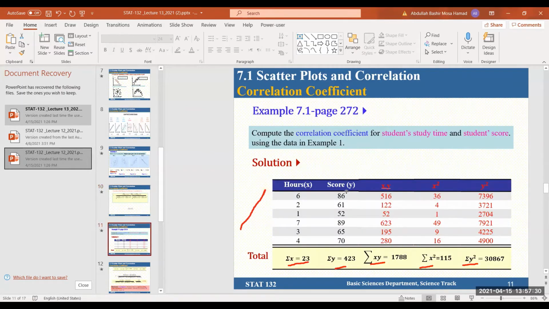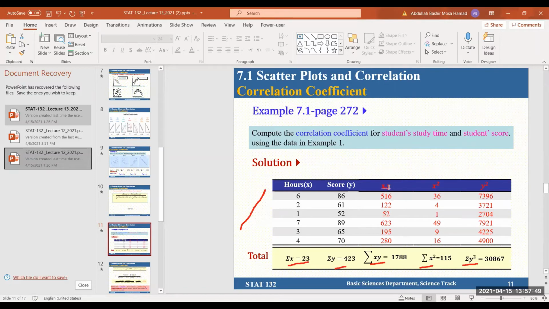First, we multiply each value of X with each value of Y: X1 with Y1, 6 multiplied by 86; X2 with Y2, 2 multiplied by 61; 1 multiplied by 52, and so on.